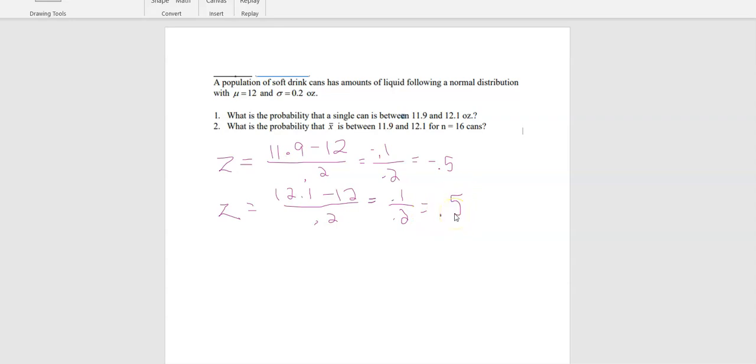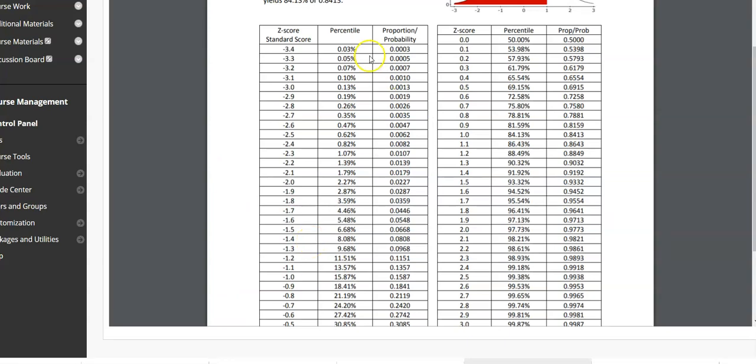Okay, so let's look up negative 0.5 and positive 0.5, and recall for a between type problem, we look them up and we subtract the two probabilities, highest minus lowest value. So I'll look up 0.5 first because that's going to be the bigger one. All right, so I've made a little easier table here. So let's go to negative 0.5 and positive 0.5. So positive 0.5, if we look over here, is 0.6915.